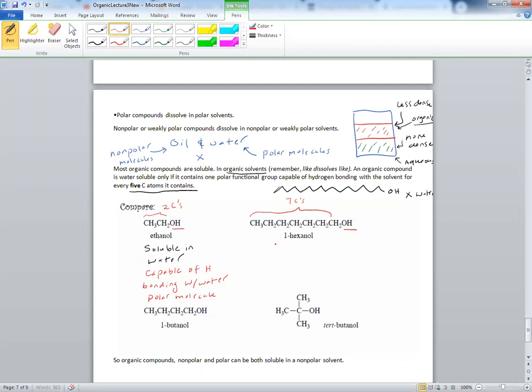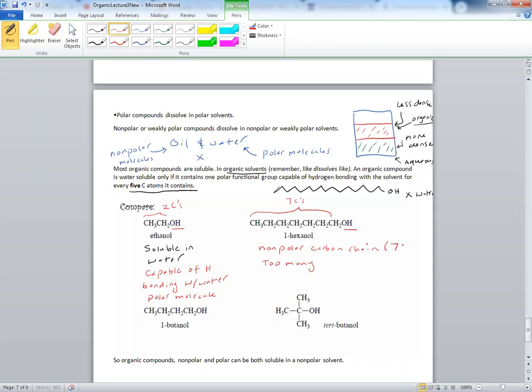So in this case, you have a nonpolar carbon chain. And this is simply too many.